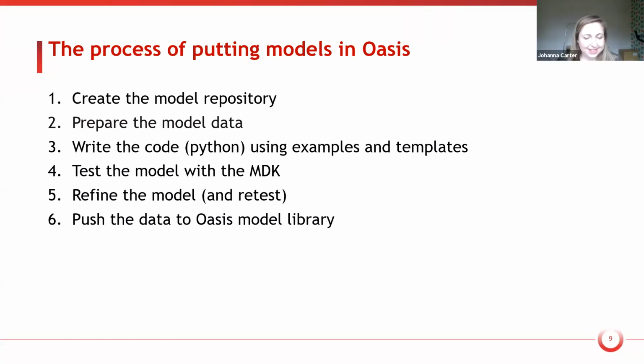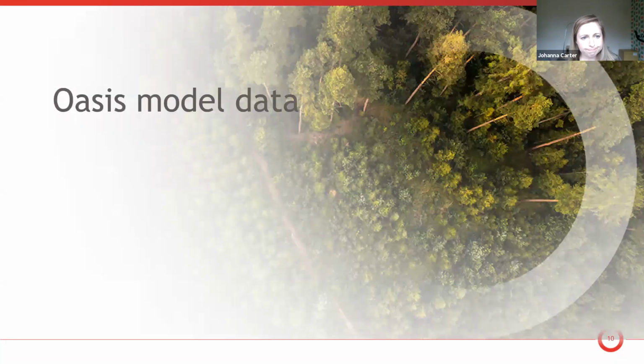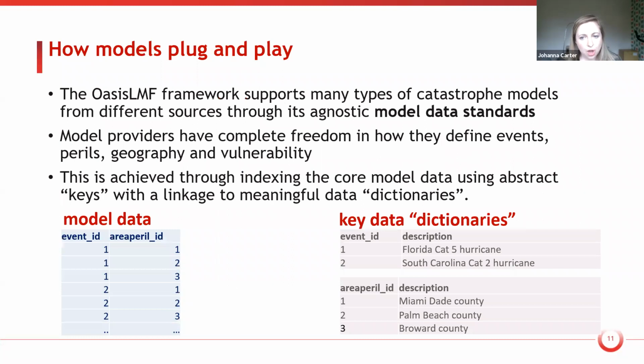Okay, so that's the end of the first section on the whole process. The next section is on the Oasis model data itself. To start with, I wanted to explain how we plug and play. Oasis is described as a plug and play loss modeling framework, meaning you could put in lots of different models from different vendors.